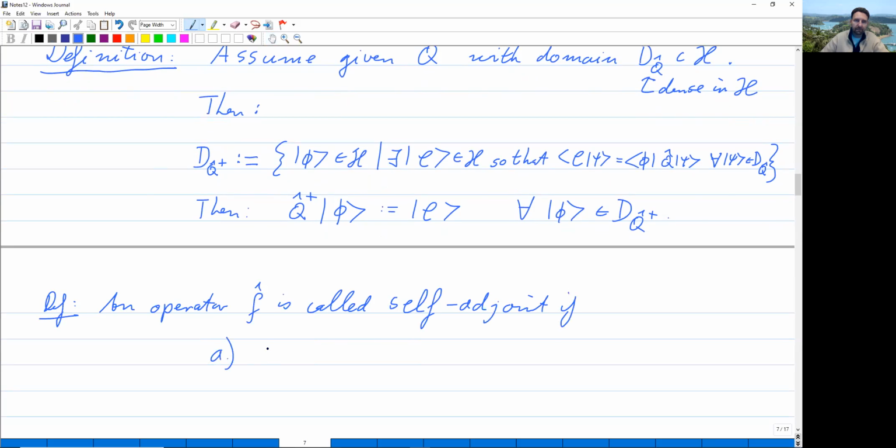A, we must have that f hat acting on psi is equal to f hat dagger acting on psi for all psi in the domain of f hat, and we need B, that the domain of f hat is equal to the domain of f hat dagger.